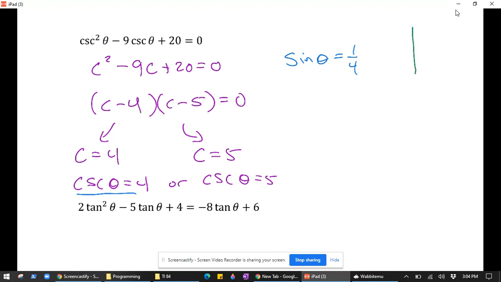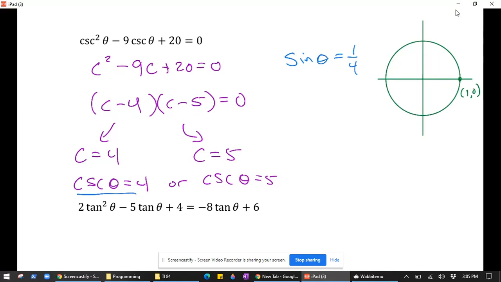I'm going to draw a unit circle here. Sine of an angle on the unit circle is always the y-coordinate of the point on that unit circle.